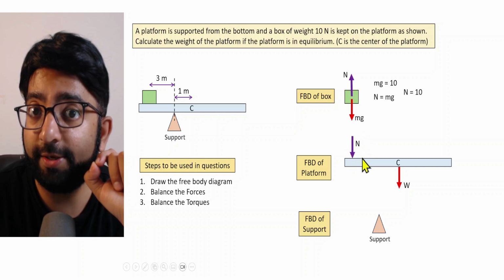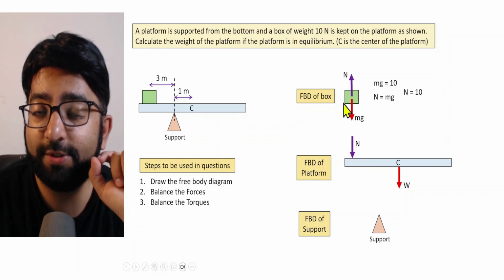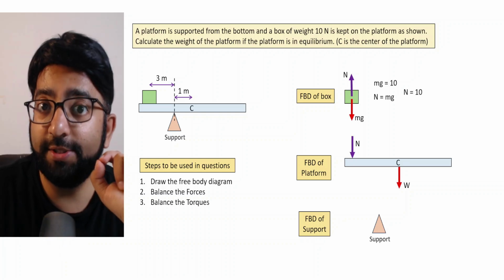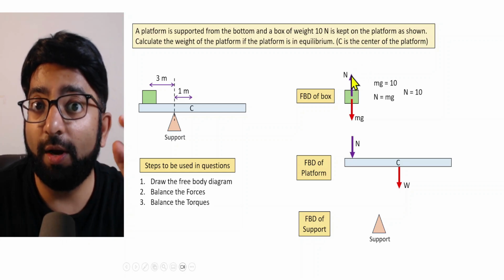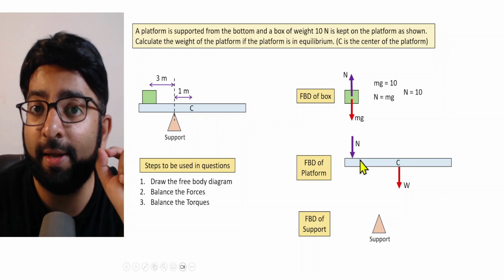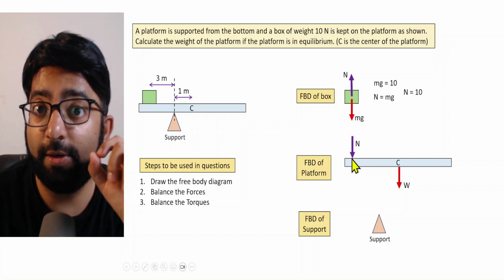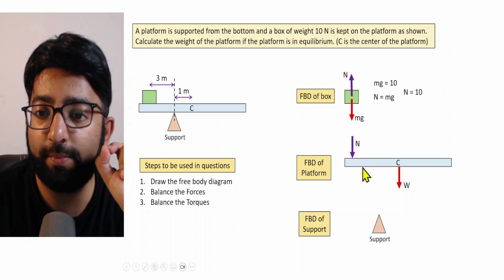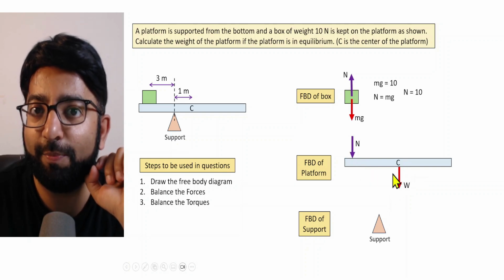Where is this normal reaction coming from? It is that same force which was acting on the box. Remember Newton's third law, forces always act in pairs. So if one normal reaction is acting on the box in the upward direction, the other force which completes the pair will be acting on the platform in the opposite direction. Apart from these two forces, is there any other force still acting on the platform?